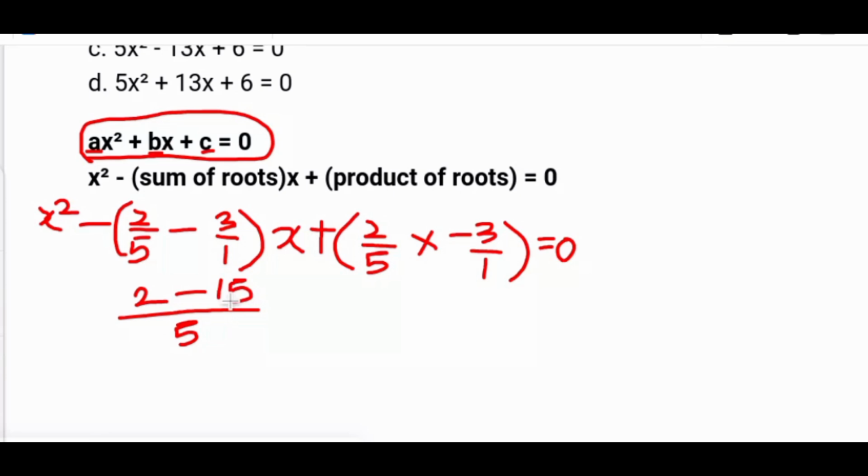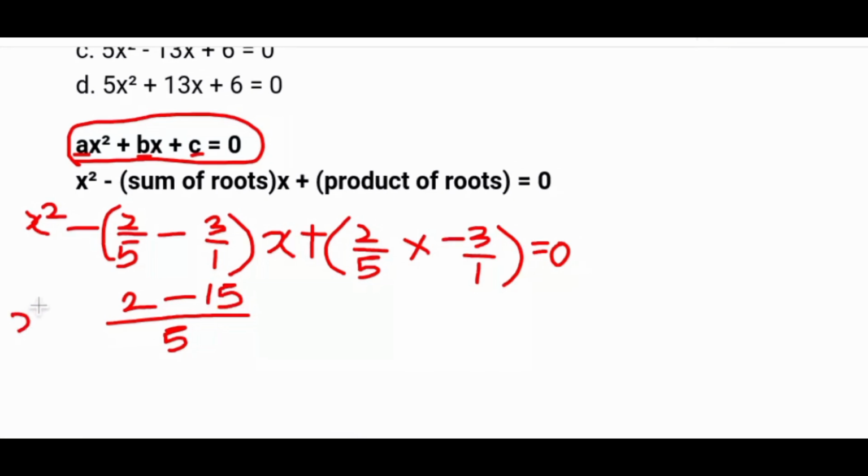Fantastic. So I'm going to just write the other part of the equation, that is x squared. Then I'm going to put my minus sign here, put it in brackets, very important, so that you won't get confused. Just follow the steps so that you will not mix it up. So put your x here, then plus.